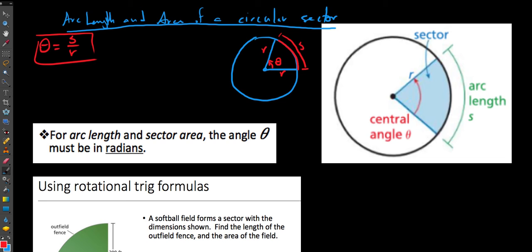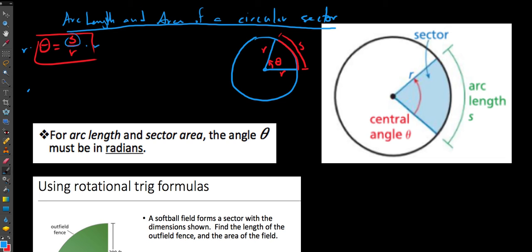So for instance, if this is a situation where what I want to do is calculate an arc length, it would be really easy to do if I knew the length of one radius, and I also knew the size of my angle in radians. So we're going to take this formula, twist it around a little bit, and solve for s. In order to do so, we multiply both sides by r.